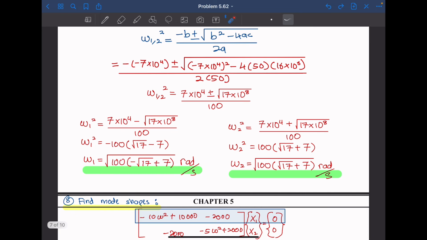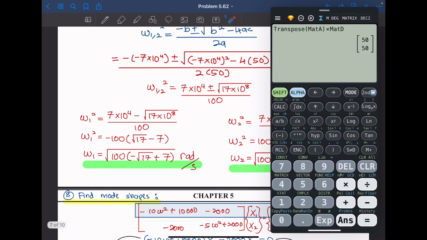Okay, so for that, I'm just going to show you how. All right, so let's say you calculate 7 exponent 4 minus 17 exponent 8 over 100. You'll get this in terms of decimal.